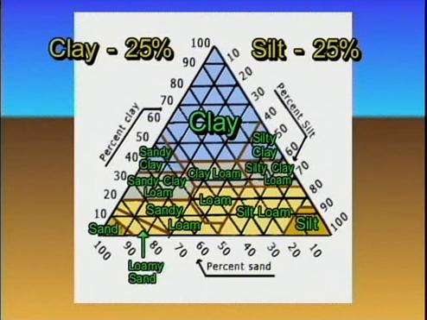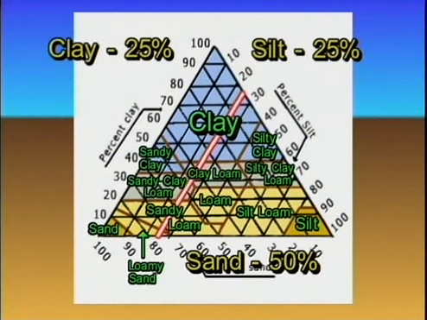Well, you'll notice that these lines, be those silt, sand, or clay, are broken into even numbers, 10, 20, 30. So we have to interpolate or basically figure out what's about halfway between 20 and 30 for 25% and follow that axis down, being parallel between these two lines of 20 and 30%.